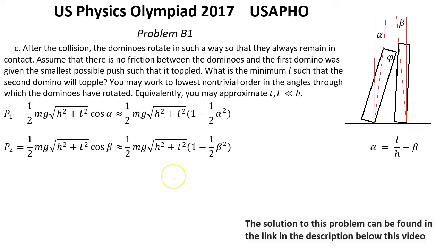Now we can add these two equations and find the maximum using this relation. We take the first derivative, use this relation, and finally find that the maximum potential energy is for alpha maximum and beta maximum equal to L over 2H. So we have to memorize this result for the next step.